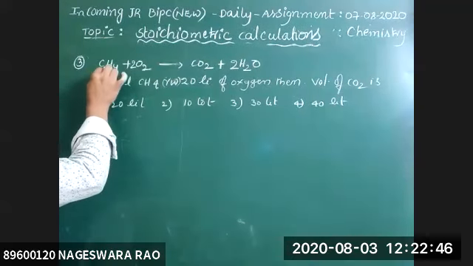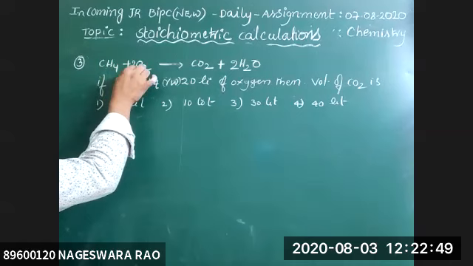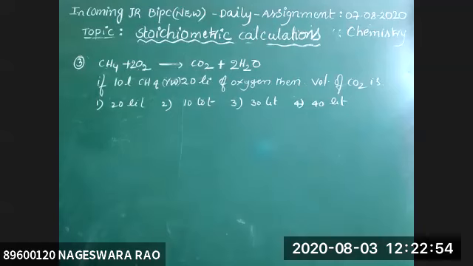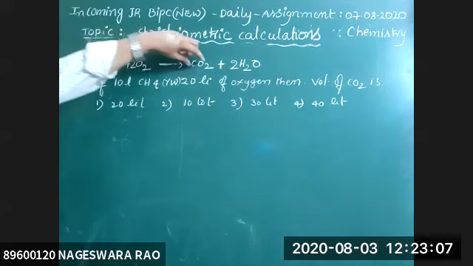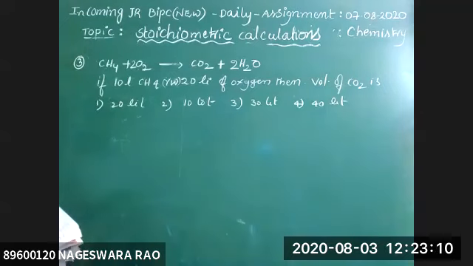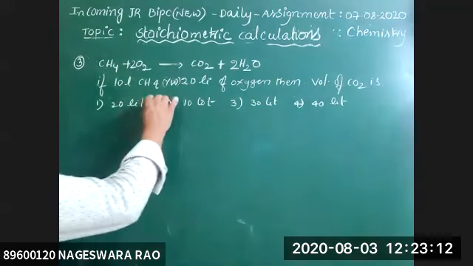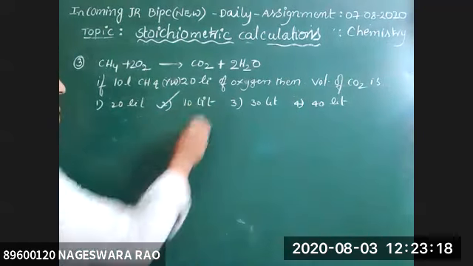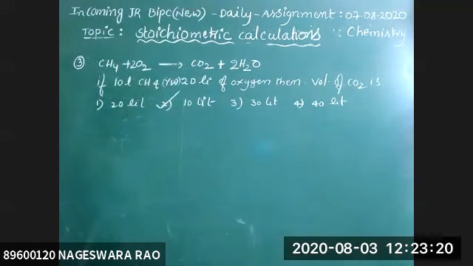So 10 liters of methane reacts with 20 liters of oxygen to produce 10 liters of CO2. So what is the answer, students? 10 liters of CO2 is released in this reaction.